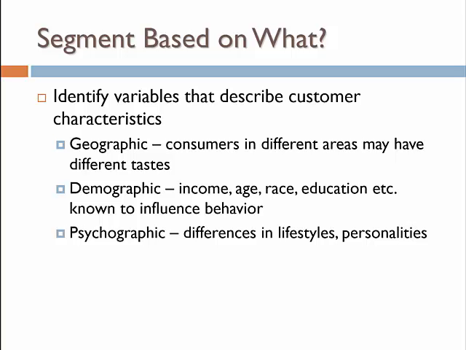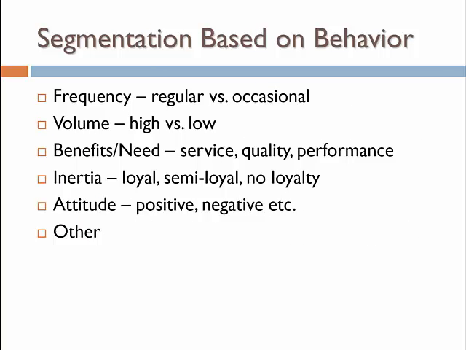So an alternative way of segmentation could be to segment consumers based on observed behavior. And this, as I mentioned before, may be a more useful way from the manager's perspective. In fact, of all the variables that I've talked about, if you can collect data on the behavioral characteristics of your customers, their usage patterns, where do they primarily shop?